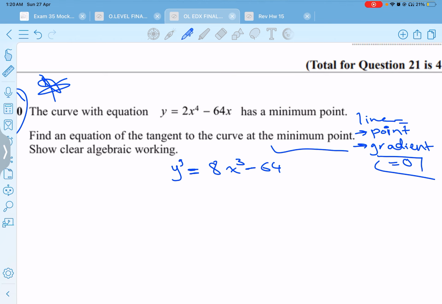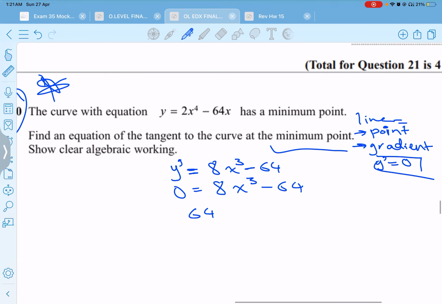So I know that y dash is equal to 0. So 0 equals 8x cubed minus 64. So 64 equals 8x cubed. So x cubed equals 8.